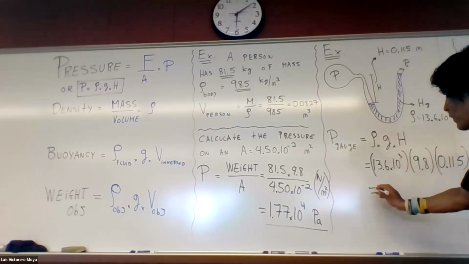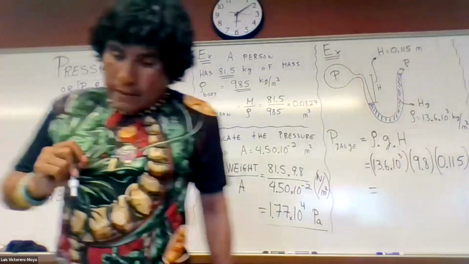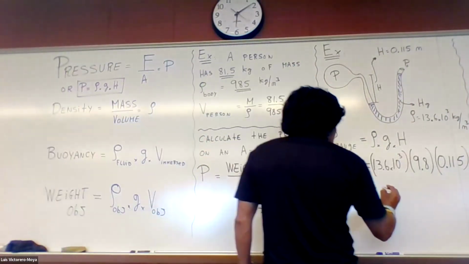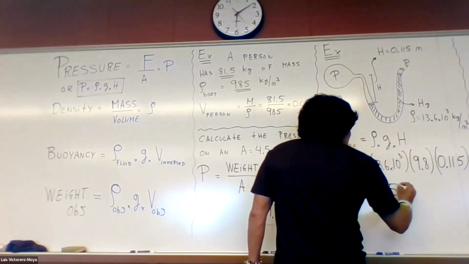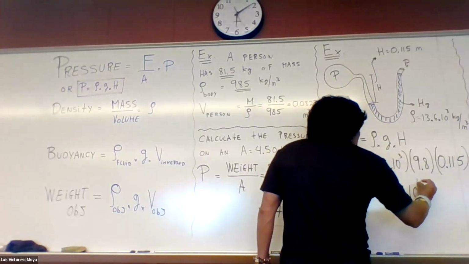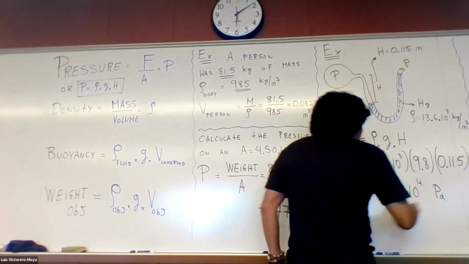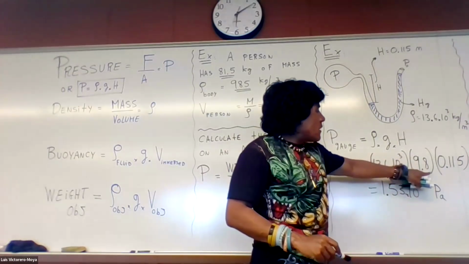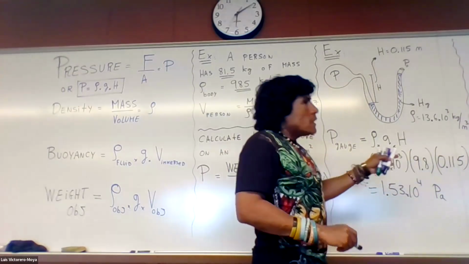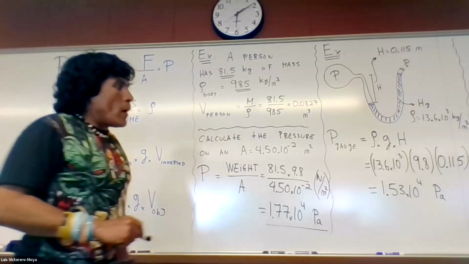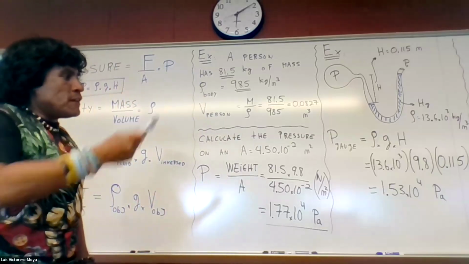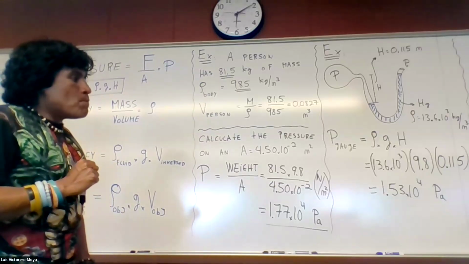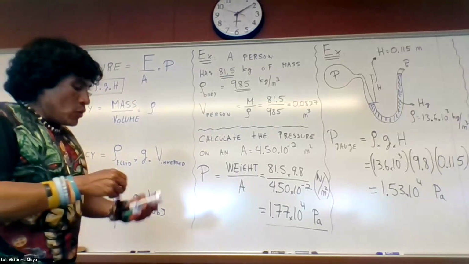And that's the gauge pressure. If you calculate that, you get 1.53 times 10 to the 4 pascals, because kilogram per meter cube times meter per second square times meter is Newton per meter square. Everything is in the metric system, so you know that will give you pascals. Now, that's the gauge pressure.